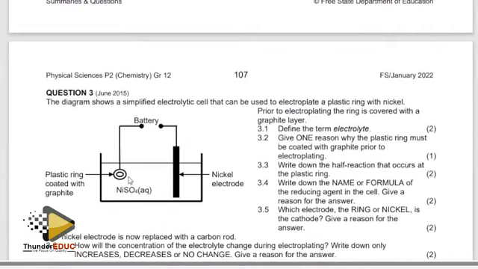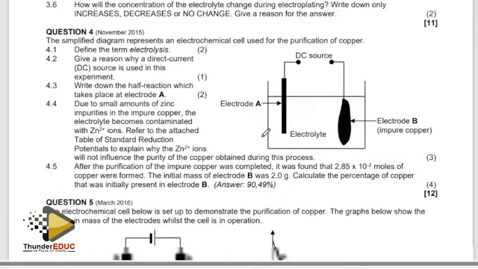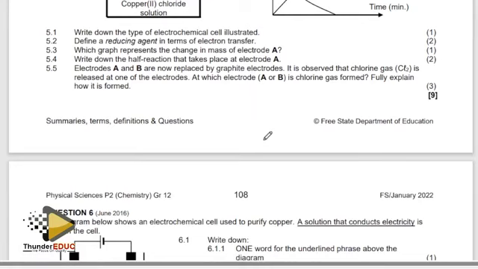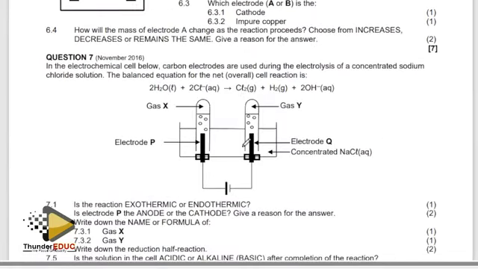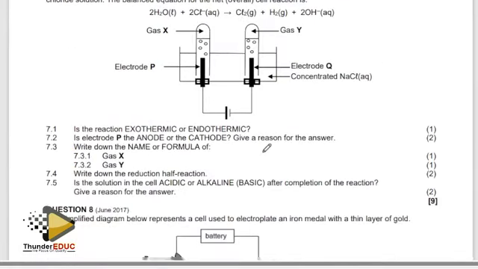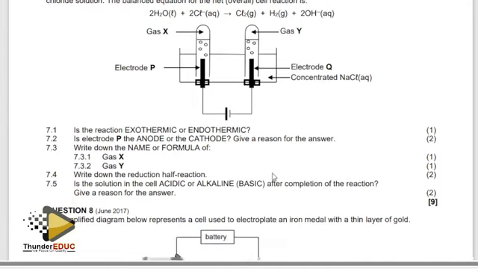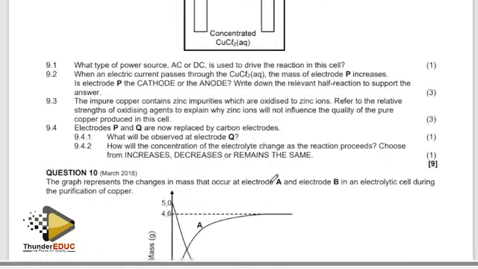So automatically this one becomes the cathode, and this one becomes the anode, because I'm coating this. If you read all these questions I've tried to answer, you will be able to answer those questions when it comes to the paper. This is the one I was talking about: what if it is a gas? If it is oxygen, how will I know that this is oxygen and this is another gas?